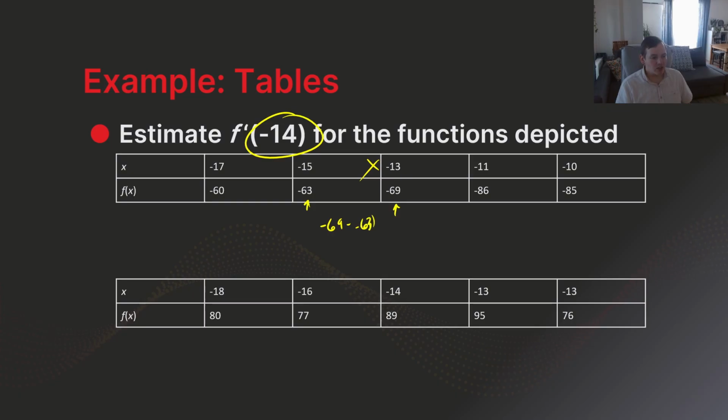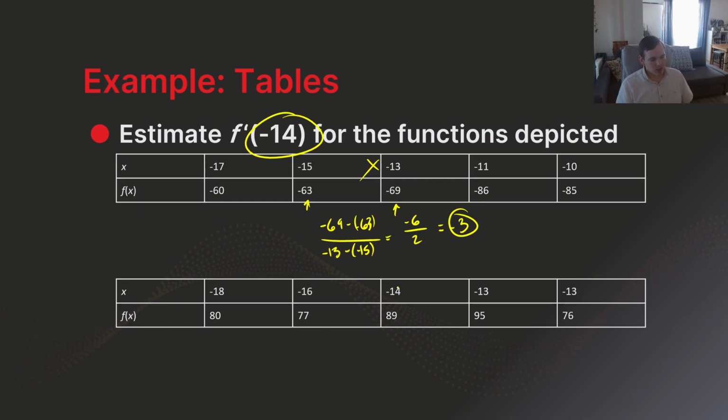I can change the order, like I said. So negative 69 minus negative 63 over negative 13 minus negative 15. Or I could flop that and do negative 63 minus negative 69 over negative 15 minus negative 13. Either way, I'm going to get negative 6 over positive 2 for a rate of change of negative 3.